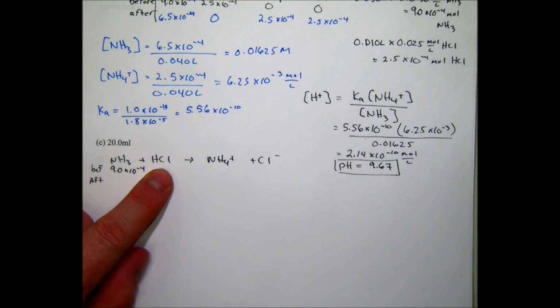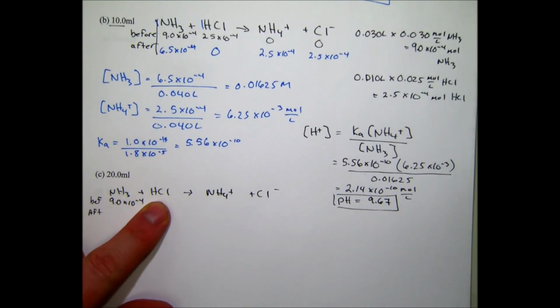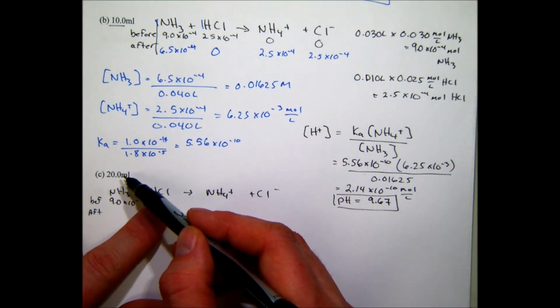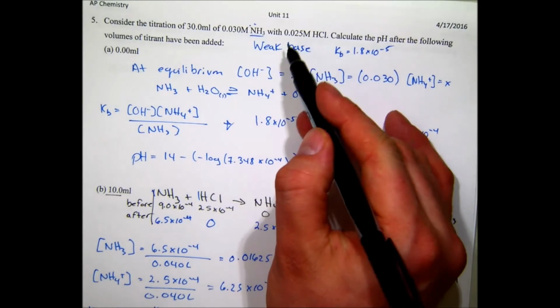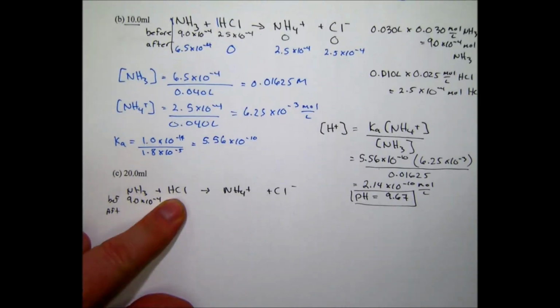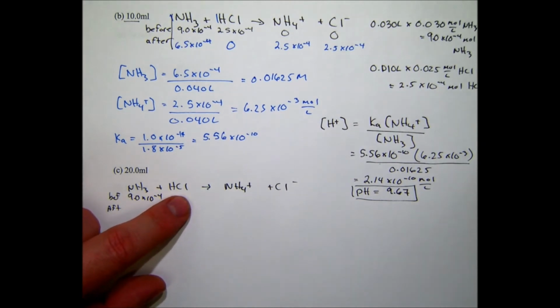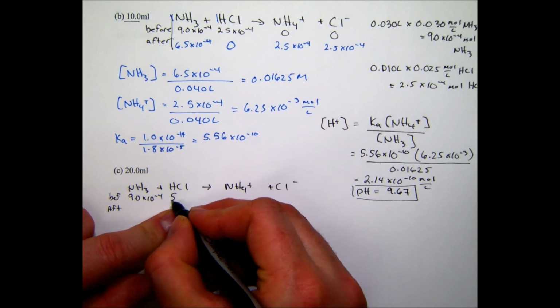We have to recalculate the amount of HCl that we use. I'm not going to show this each time, but it's the volume in liters, so 0.020 liters times the concentration of HCl, which is 0.025. So the number that I'm putting in here is just the product of volume times the concentration of HCl, which in this case is 5 times 10 to the negative 4.